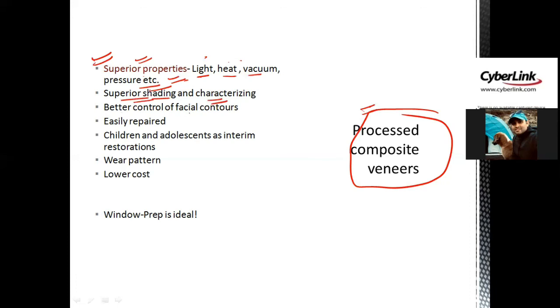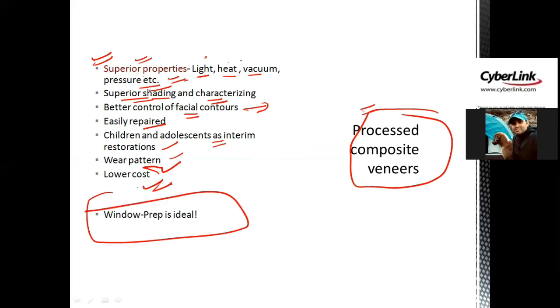Better control of facial contour. We can modify it according to our requirement. Easily repaired. For children and adolescents, they may use it as an interim restoration. Good wear pattern, and it has lower cost. So for that, we have to prepare it with window preparation.